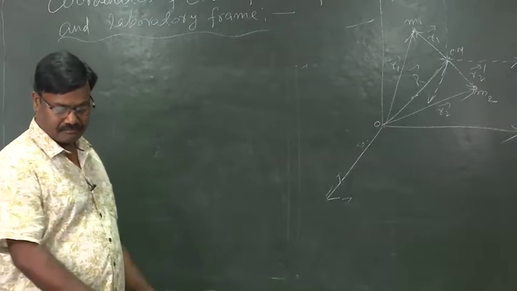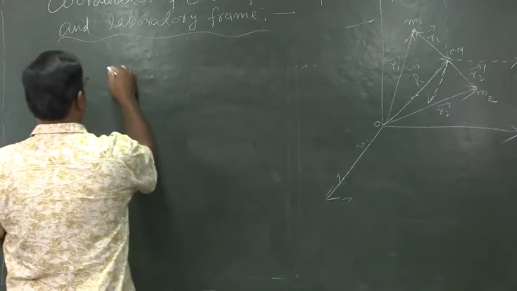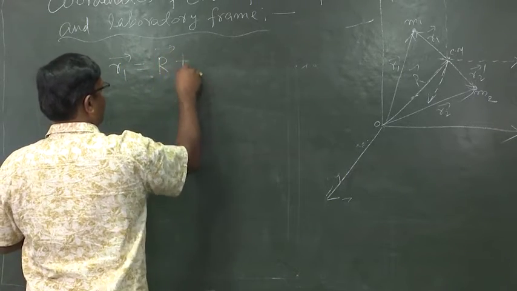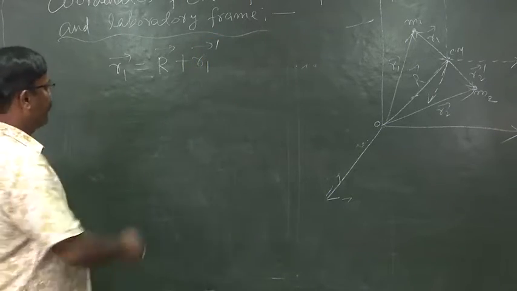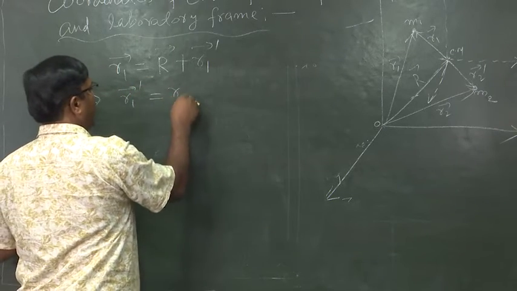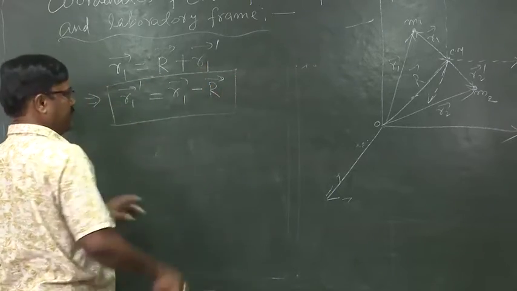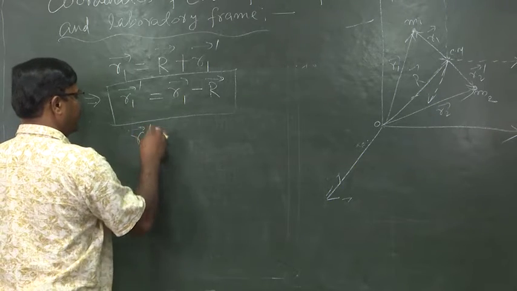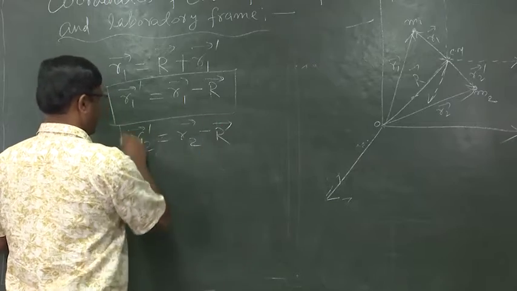Now, from the geometry of this figure, we can write r1 vector is equal to R vector plus r1 dash vector, which implies r1 dash vector is equal to r1 vector minus R vector. Similarly, we can write r2 dash vector is equal to r2 vector minus R vector.